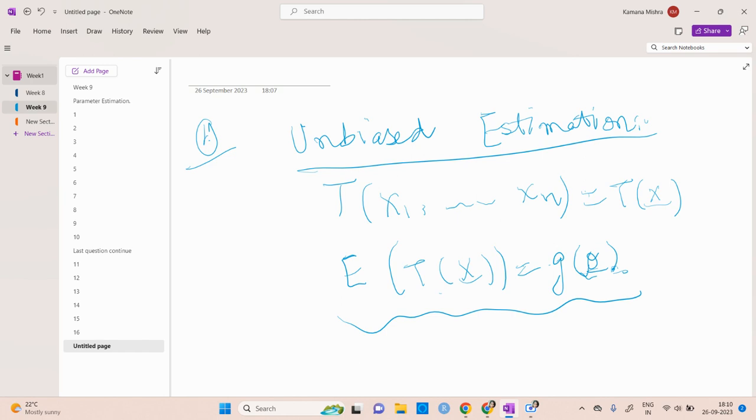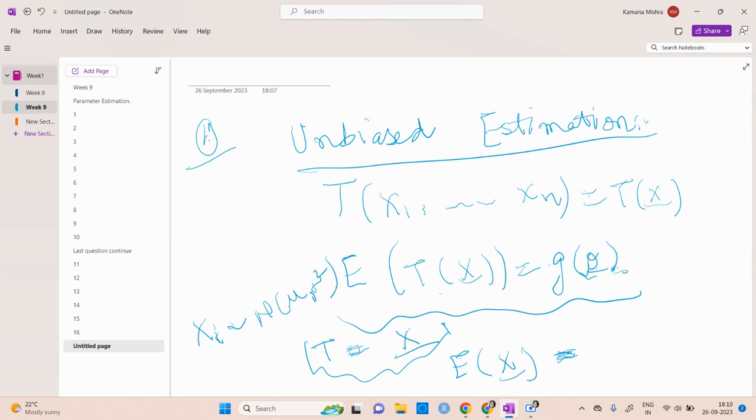So let's say we have some x bar, and let's say T is equal to x bar, then the expectation of x bar is equal to, in case of, let's say, all xi follow a normal random variable with mu and sigma square.